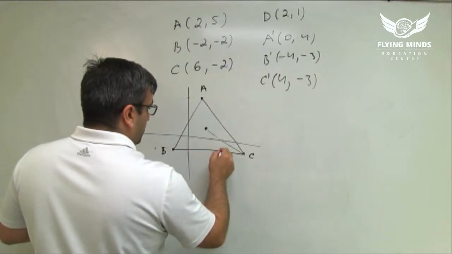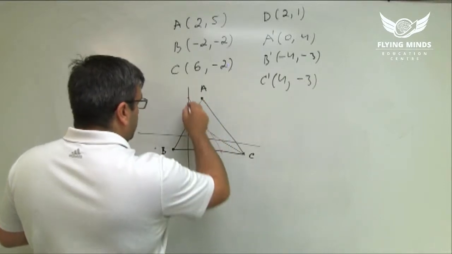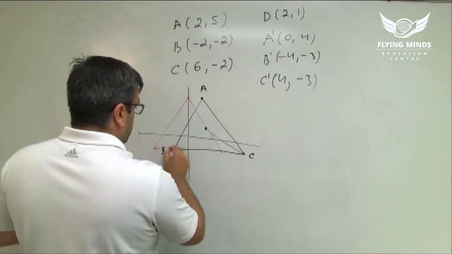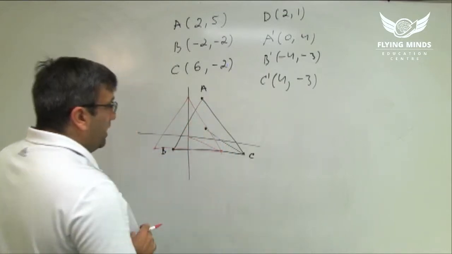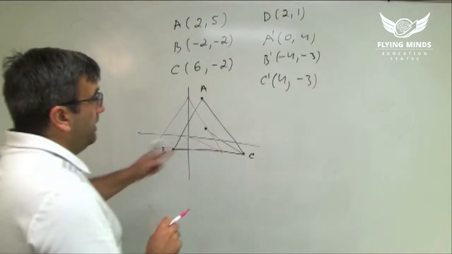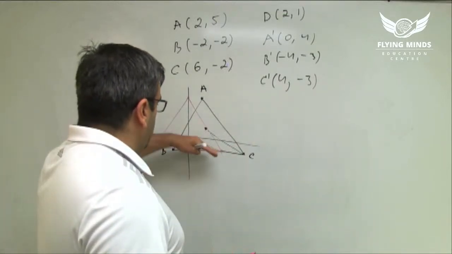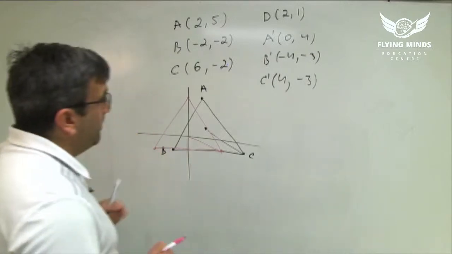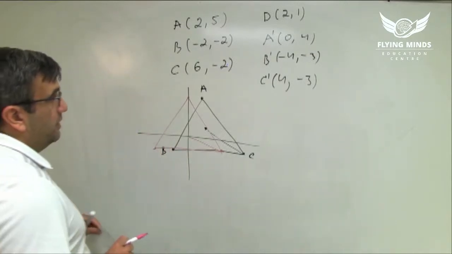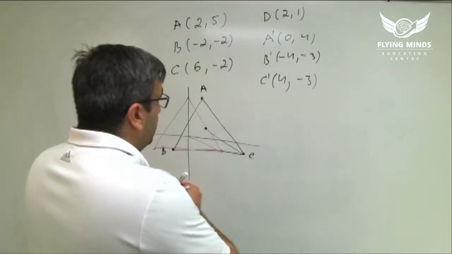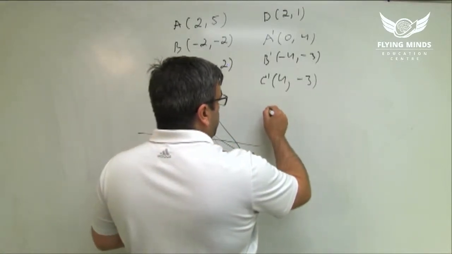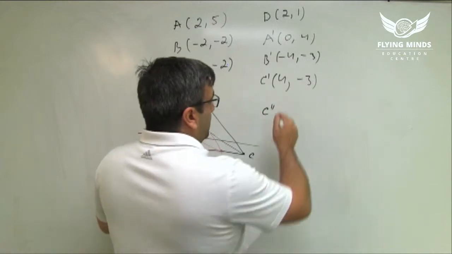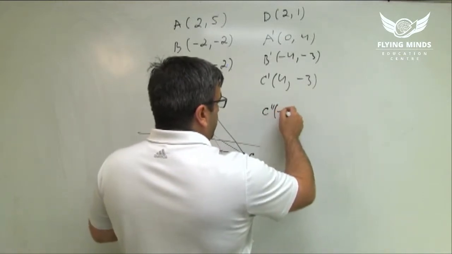So now what happens, our triangle will be, and now we need to rotate this around origin, right? So to rotate it around origin, right? So 90 degrees. So what happens, we need to switch coordinates, right?